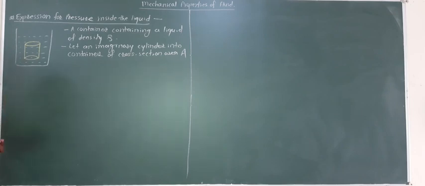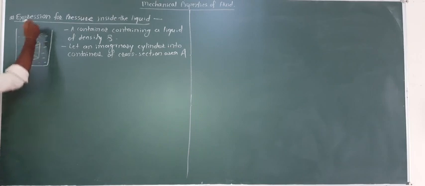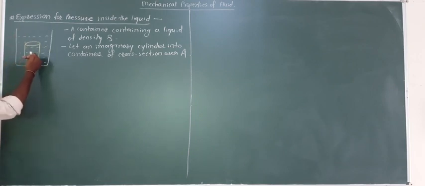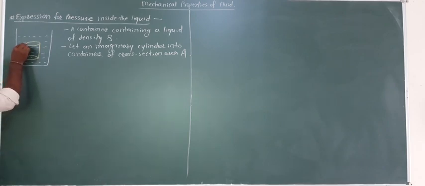Let's consider two points, the top point and the bottom point of that imaginary cylinder. There is liquid above the top and also liquid below the bottom of that cylinder. Now let's take two reference points, x1 and x2.